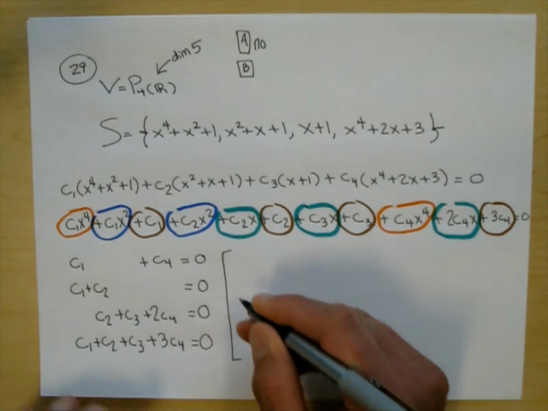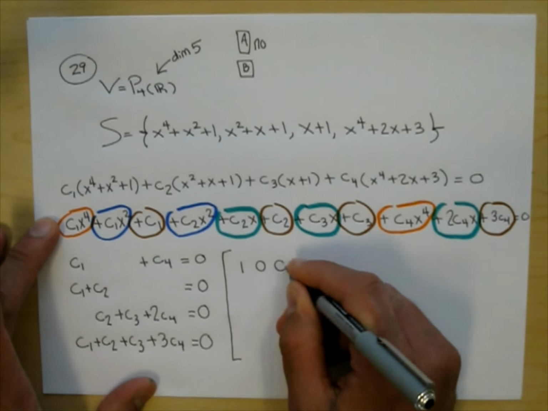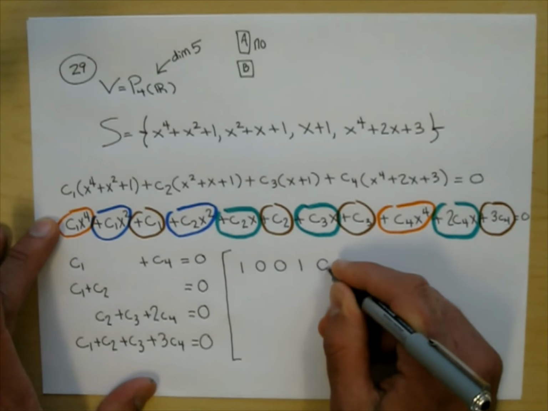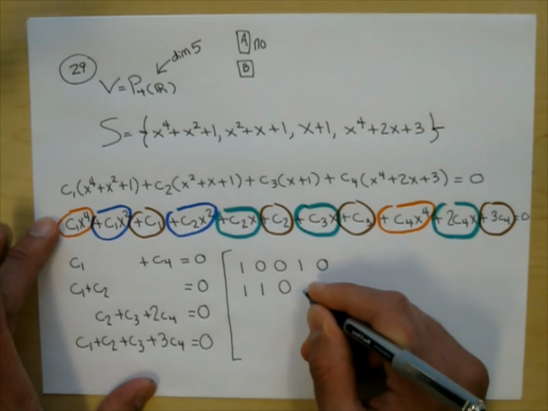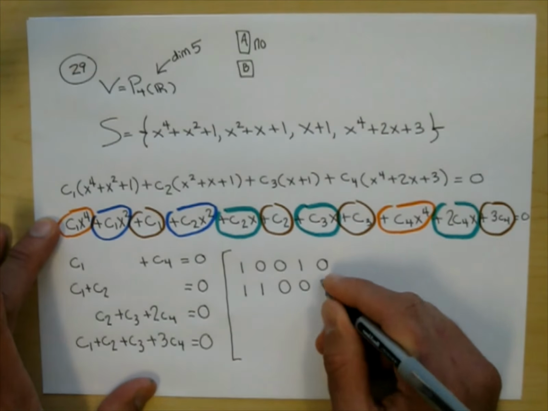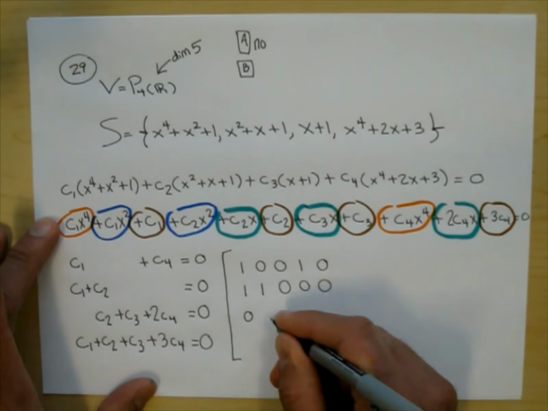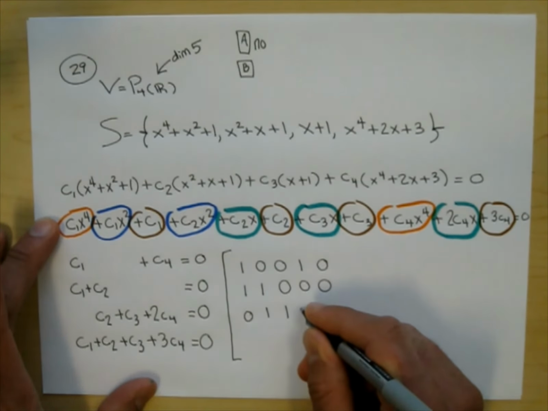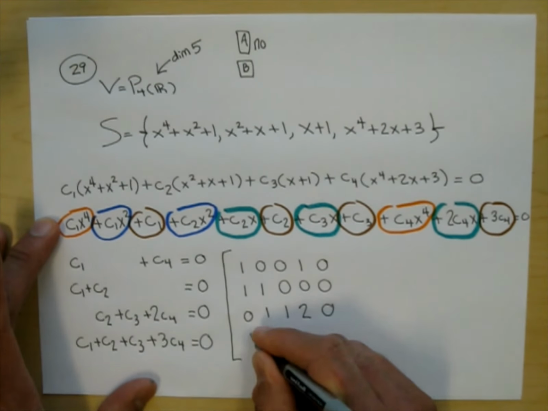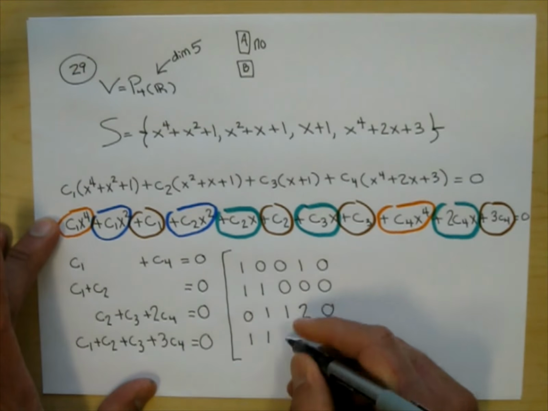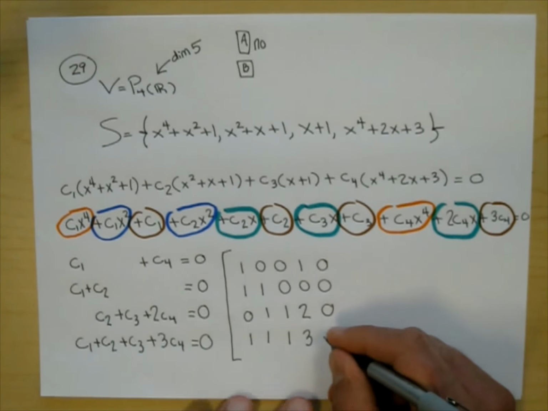The augmented matrix for this is 1, 0, 0, 1, 0, 1, 1, 0, 0. Sounds like I'm in computer science class again. 0, 1, 1, and then this is a 2, and a 0, and then this is 1, 1, 1, 3, 0.